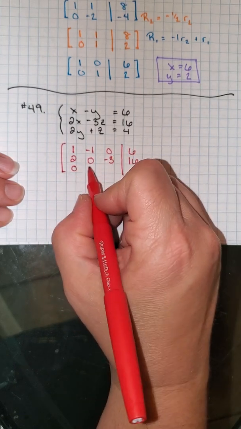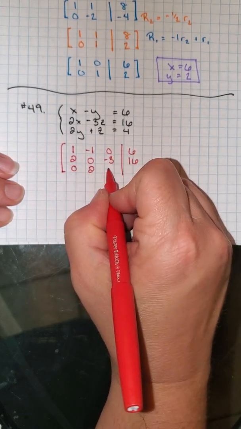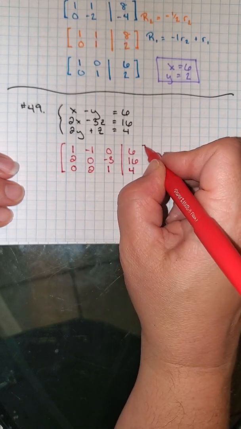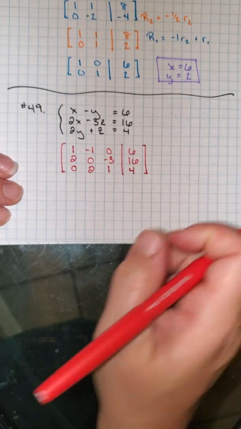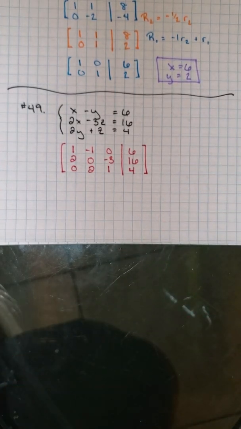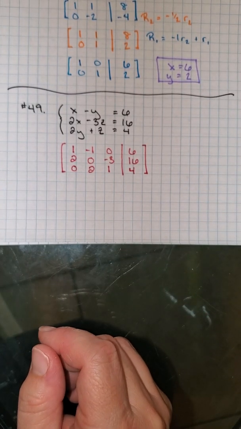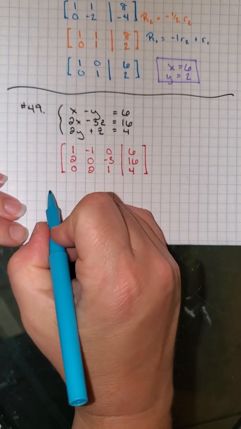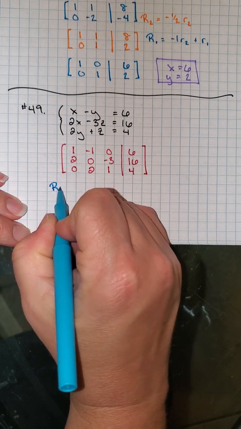Then you have 0x, 2y, 1z, and our constant is 4. We could do this one by hand. I'm just going to use the calculator on this one to see what we get, just to practice calculator.